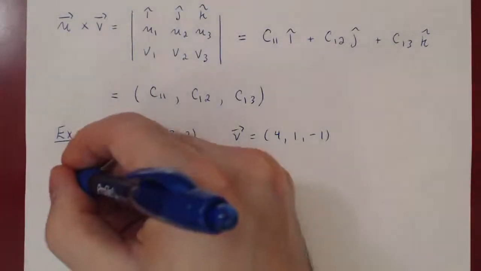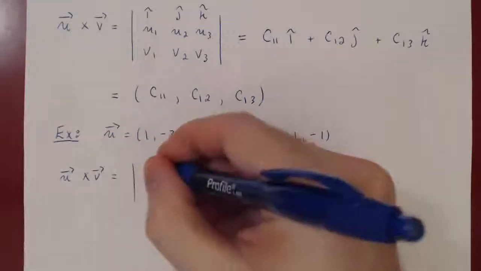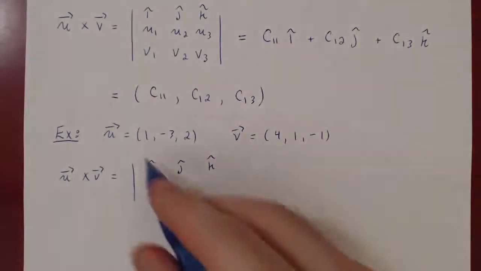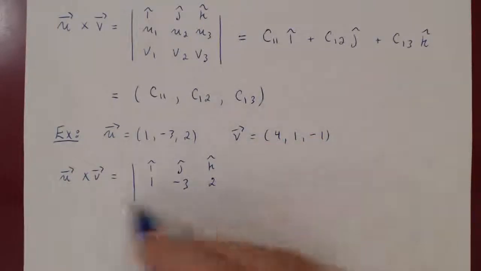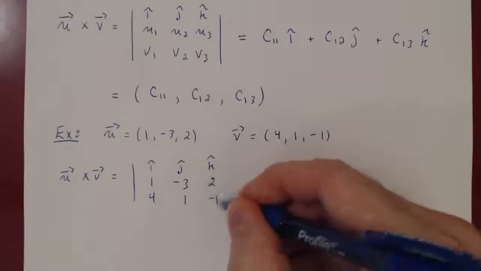Then their cross product, u cross v, is the determinant of i, j, k, second row the coordinates of vector u, third row the coordinates of vector v: 4, 1, negative 1.